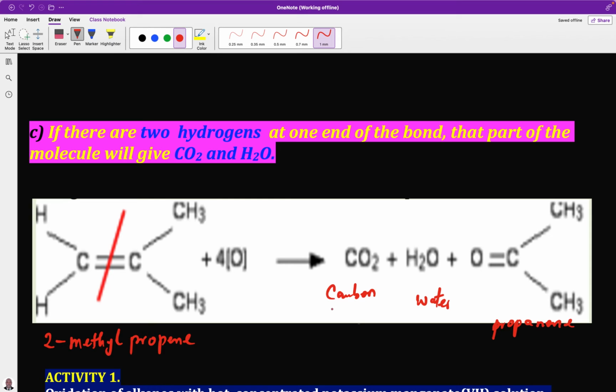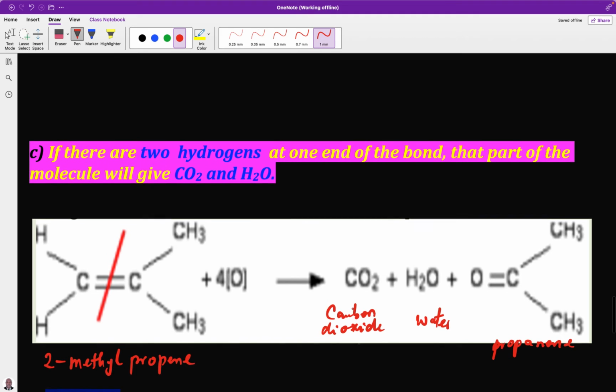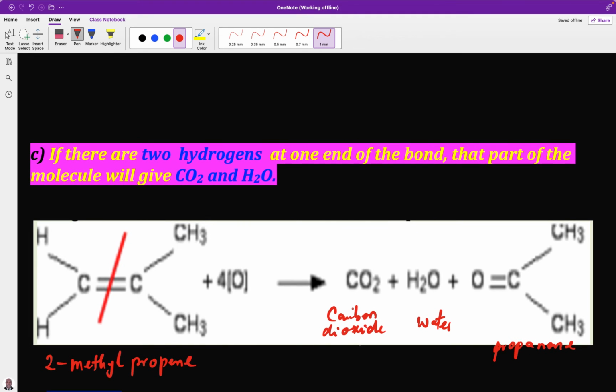That is carbon dioxide. Now, as I said, if there are two hydrogens at one end of the bond, one hydrogen here and the other one, that part of the molecule will give carbon dioxide and water.